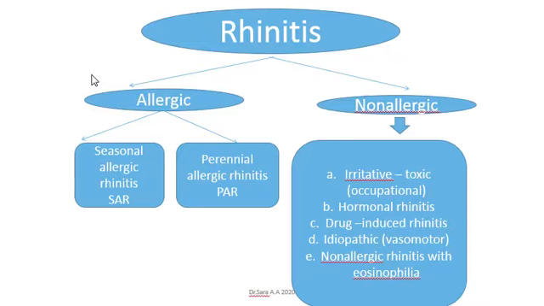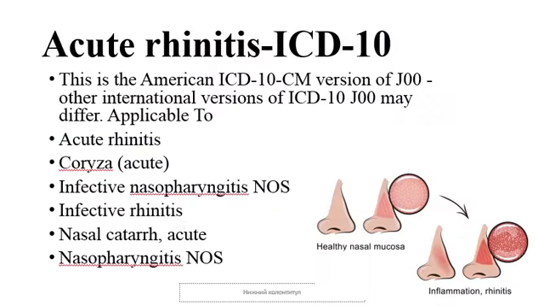The seasonal allergic rhinitis or hay fever and perennial allergic rhinitis are the two allergic rhinitis, and non-allergic rhinitis includes irritative, toxic, occupational, hormonal rhinitis, drug-induced, idiopathic vasomotor, and non-allergic rhinitis with eosinophilia.